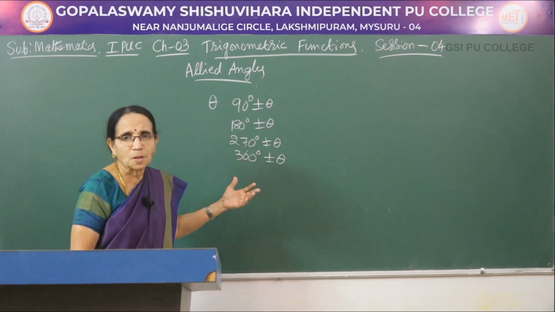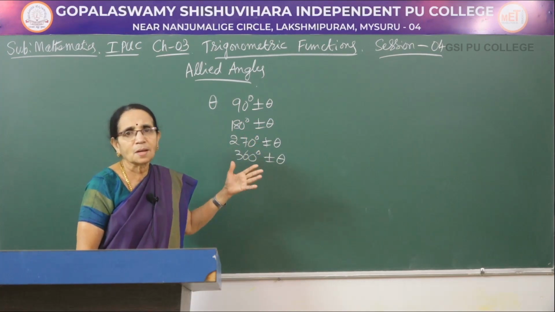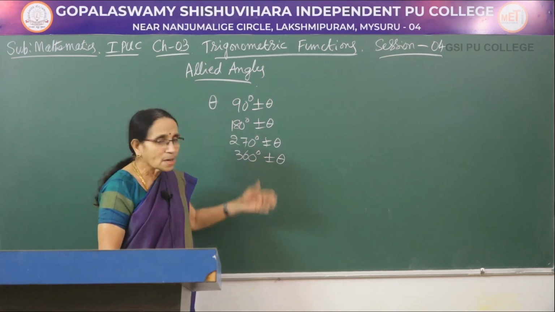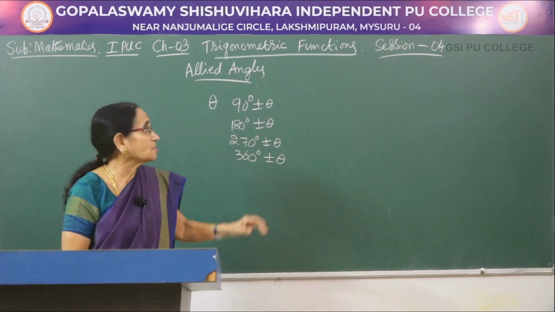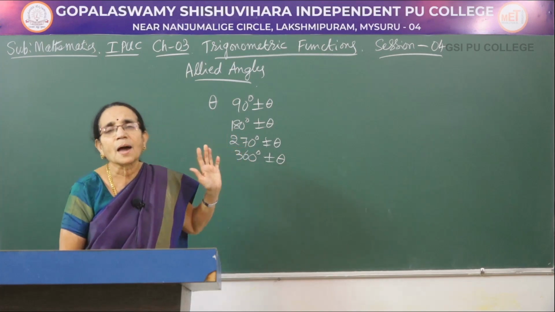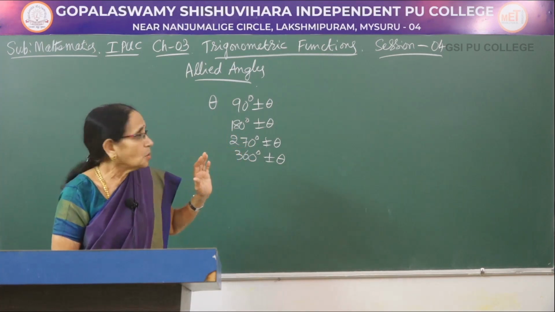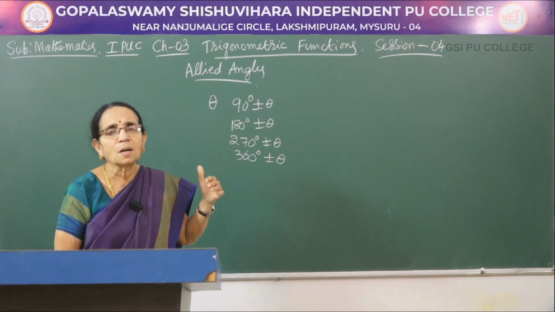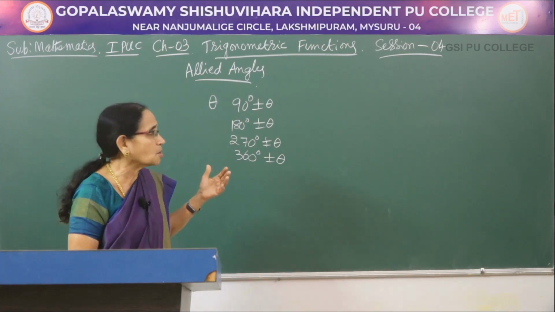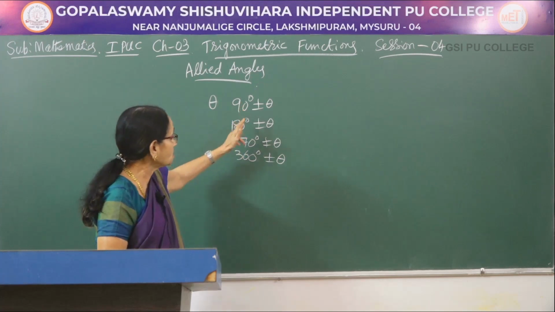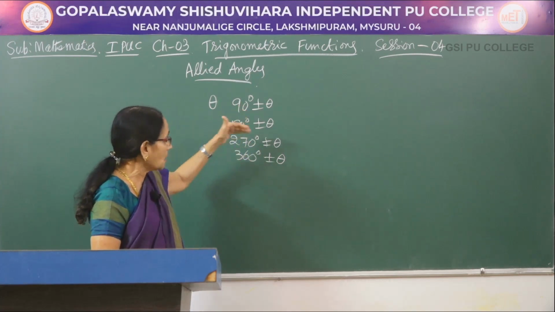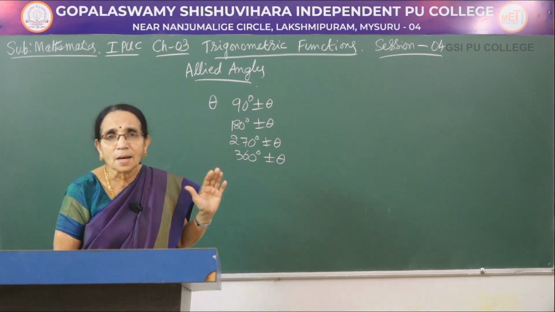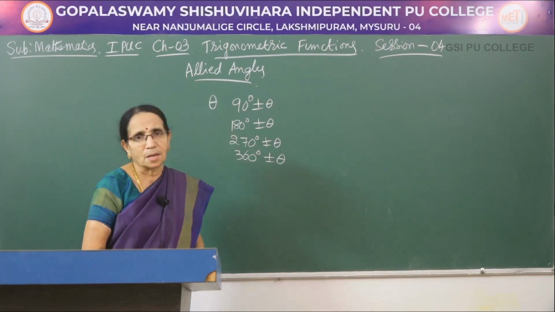So, it can be expressed in radian measure as well as in degree measure. All these angles we call the allied angles of the angle theta. These, 90, 180, 270, 360, are usually called the quadrantal angles.